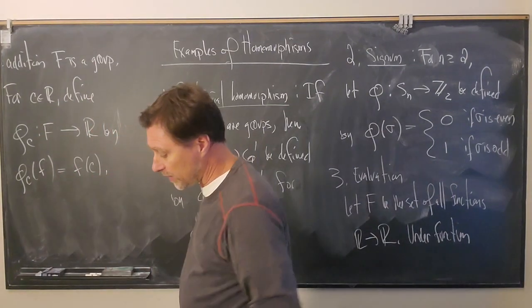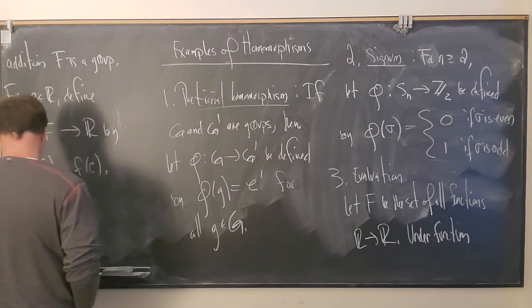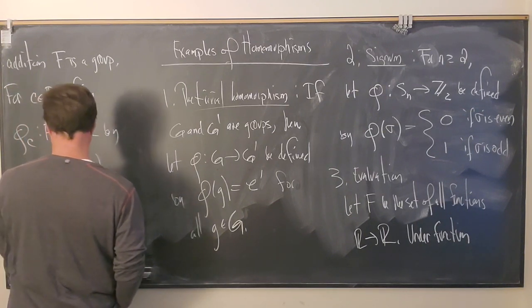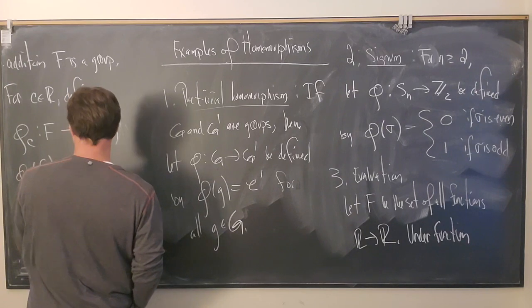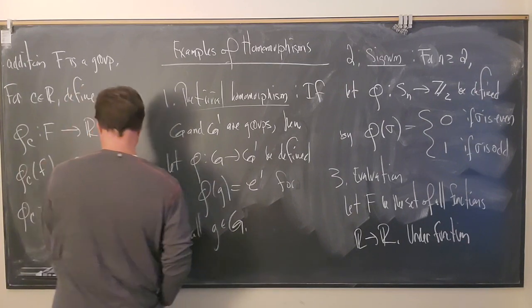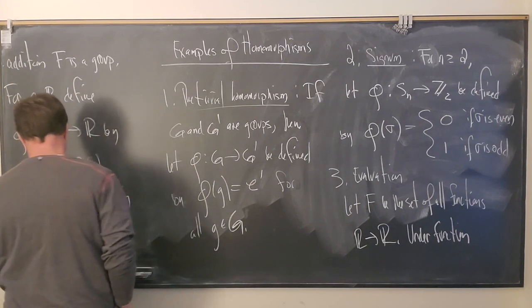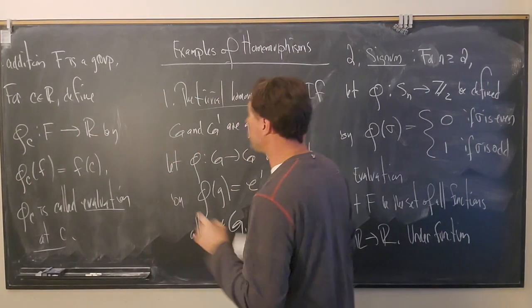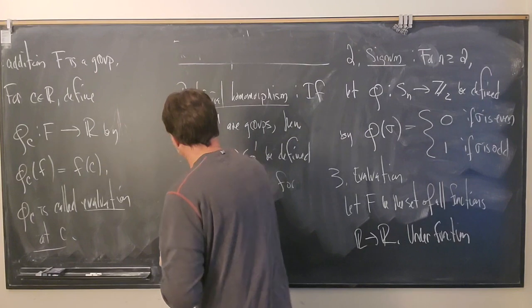All right, so this is called evaluation at c. So phi sub c is called evaluation at c. And this idea of evaluation is going to become important, especially when we move on to Math 42.